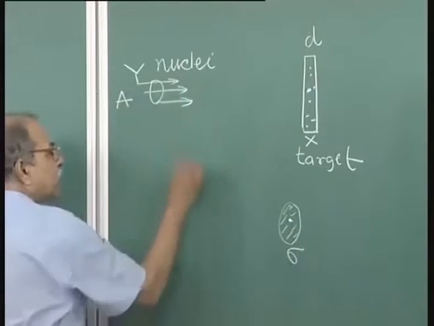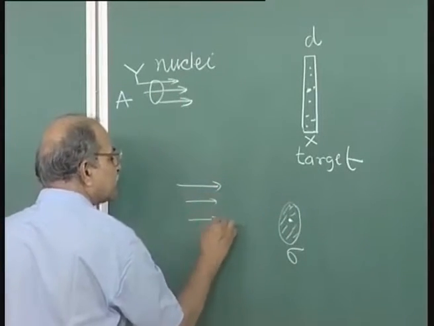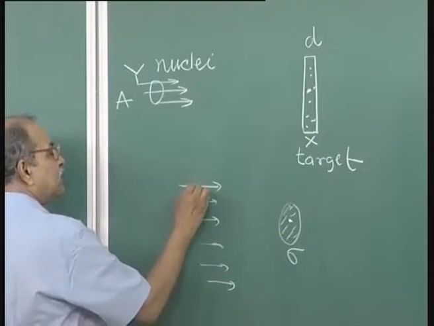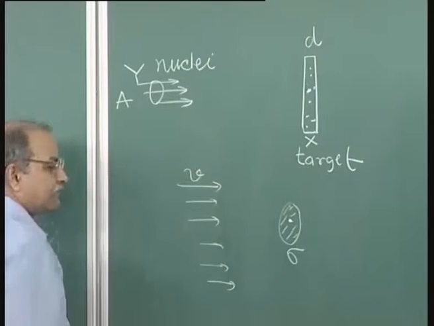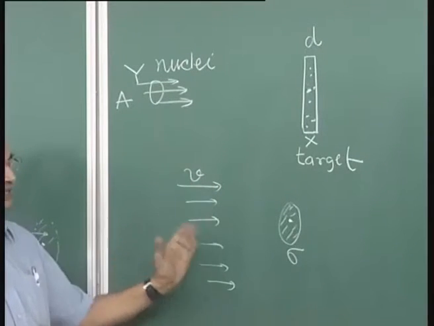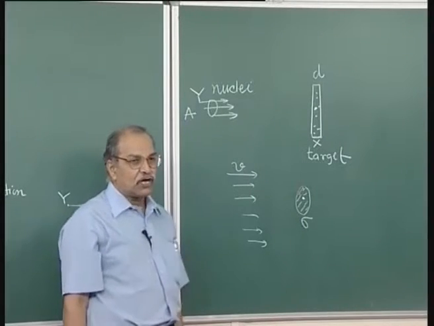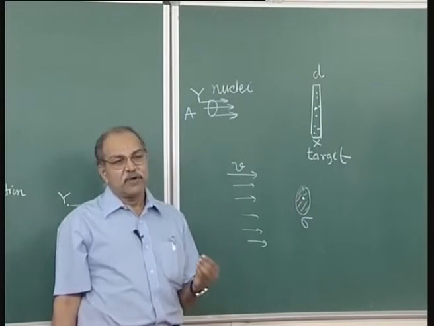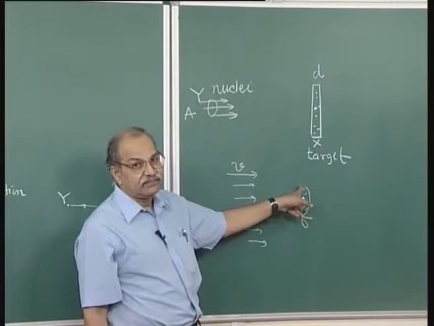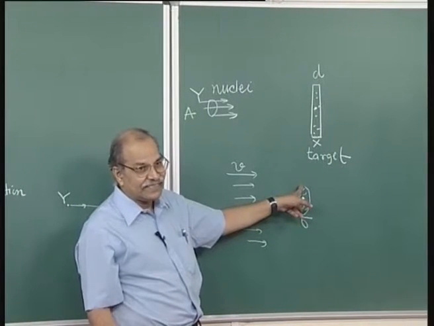Now, this beam is coming. If all these nuclei in the beam are coming with velocity v, I want to know how many of these y nuclei are hitting this area in some time interval dt.